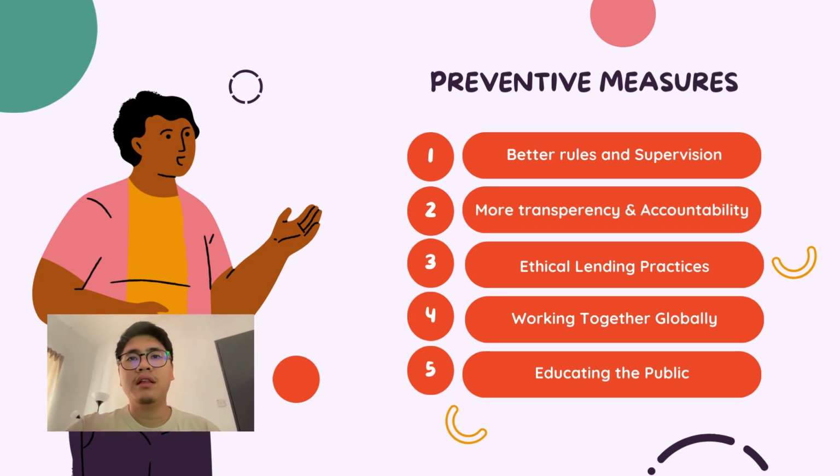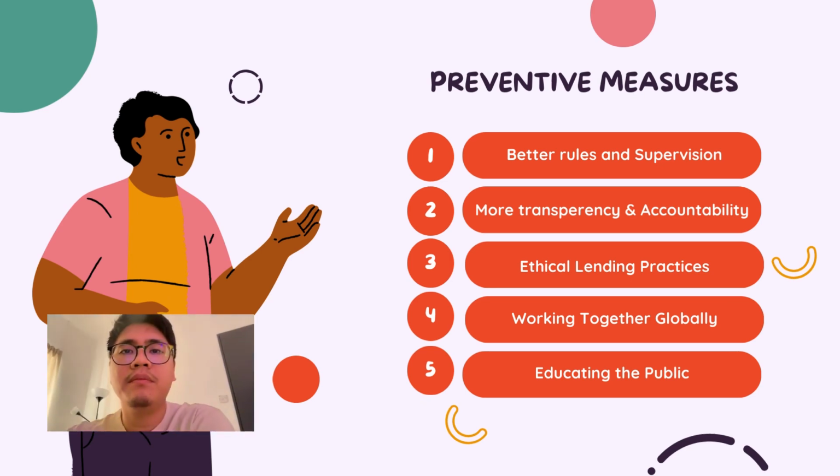Monitoring global risks: international organizations like the International Monetary Fund (IMF) and the Financial Stability Board (FSB) are important for monitoring global risks. We need to support these organizations and ensure they can effectively address emerging risks.